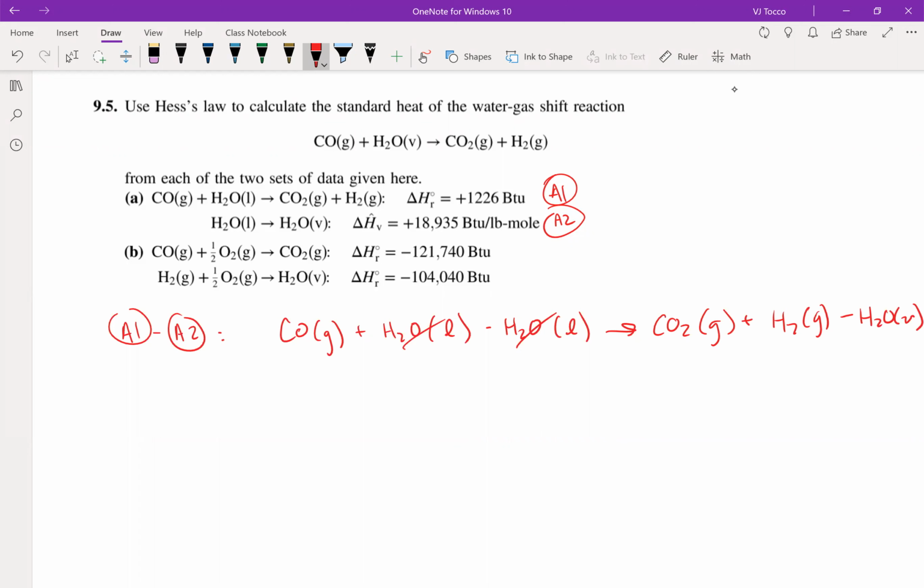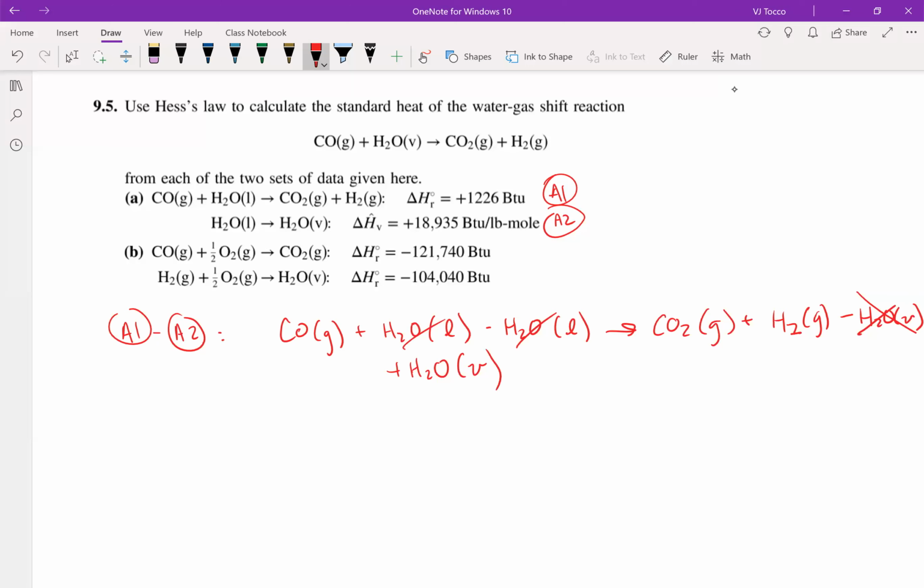With algebraic manipulation of chemical reactions, it gets kind of weird. You wouldn't necessarily say minus H2O, but if I subtract H2O, that's the same thing as adding H2O vapor to both sides.